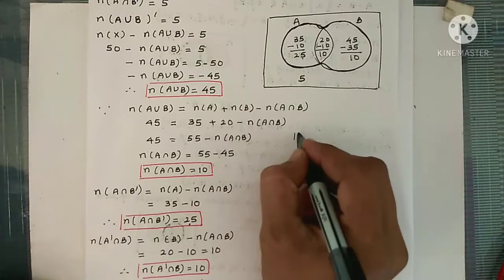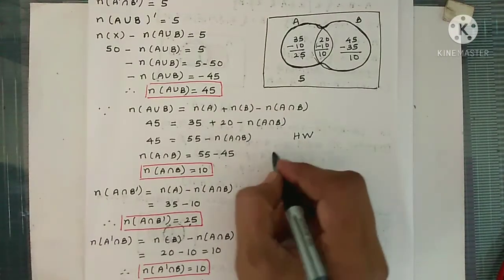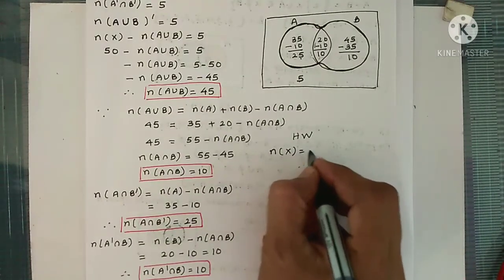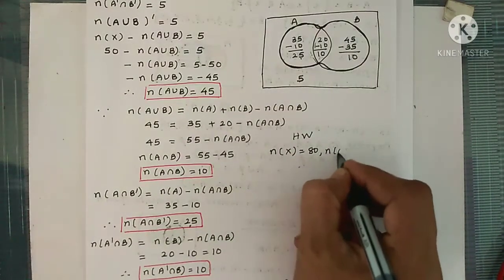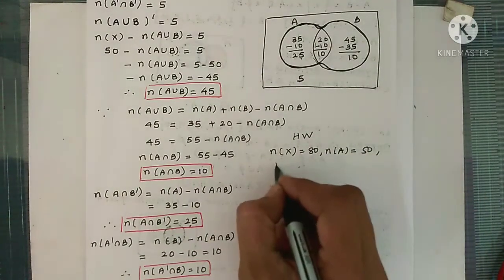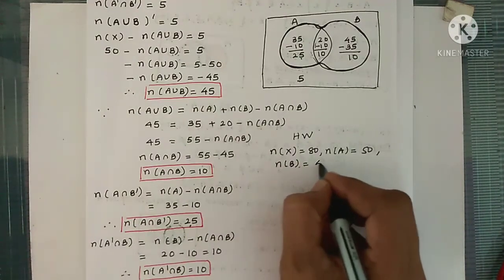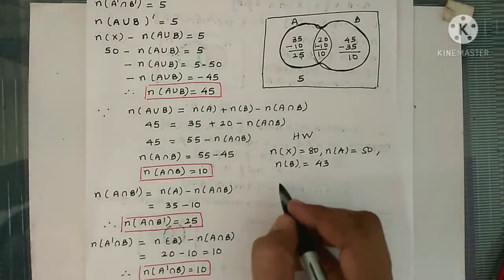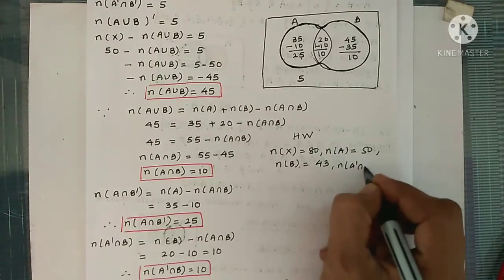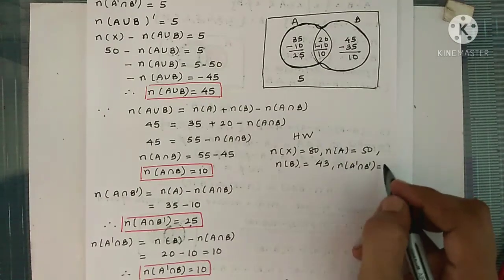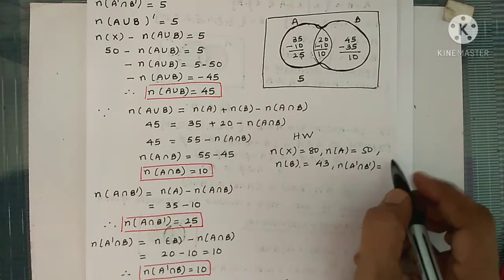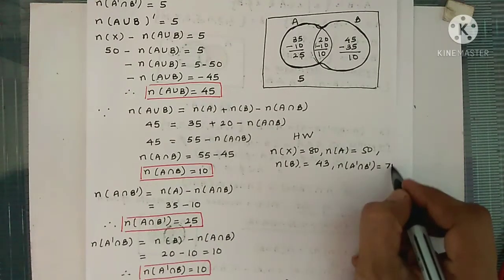So today's homework is to write the same questions for these sets. Now take n(X) as 80 and A equal to say 50 and B equal to 43, and n(A' ∩ B') let's say, n(X) is 80, so let this be say 71.